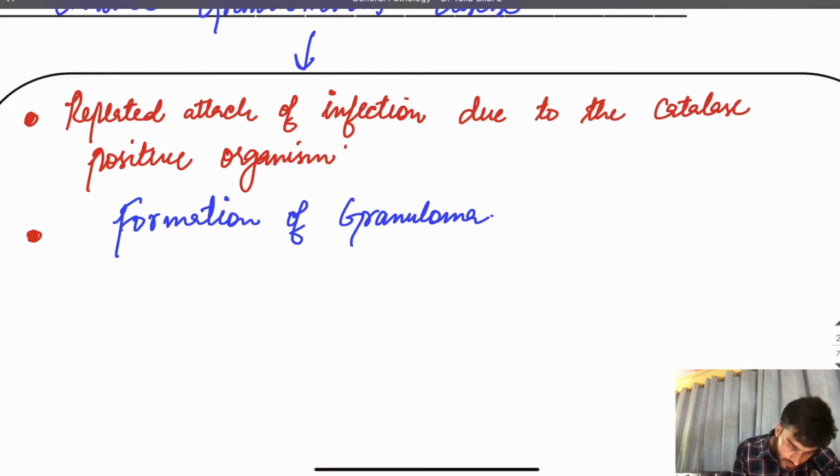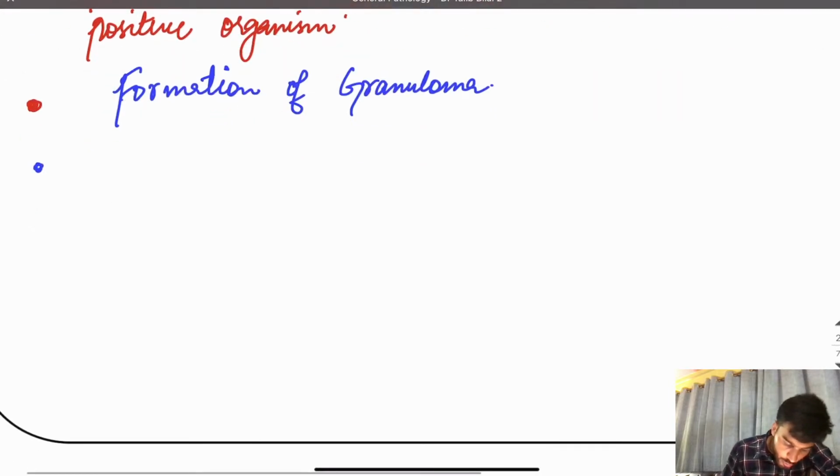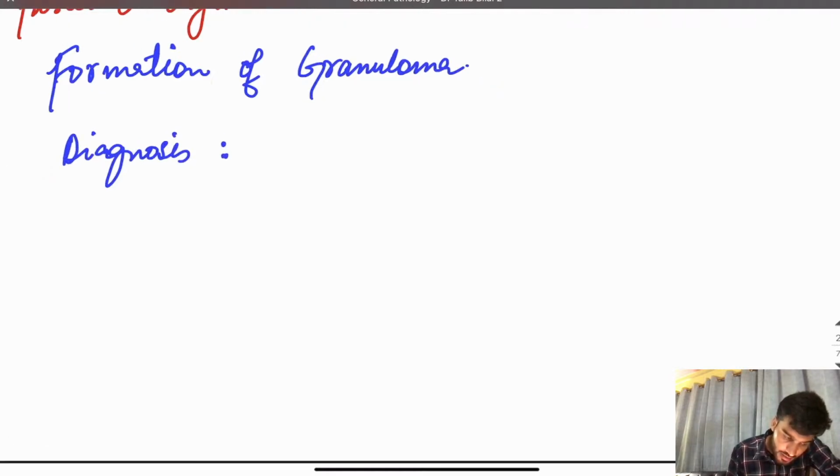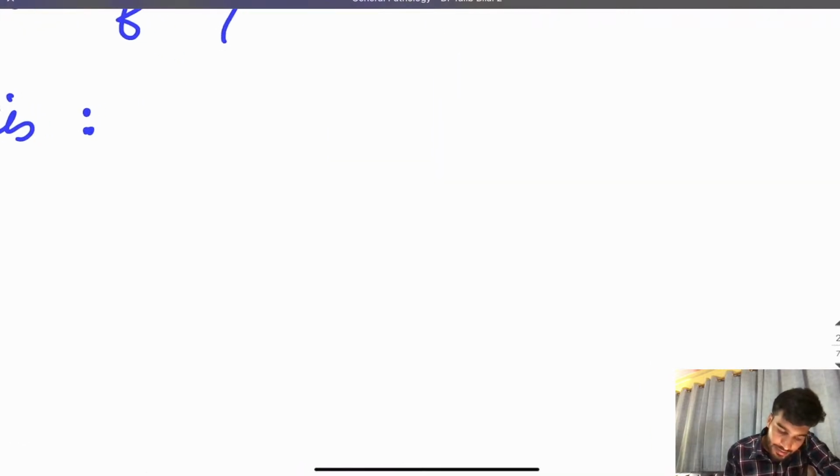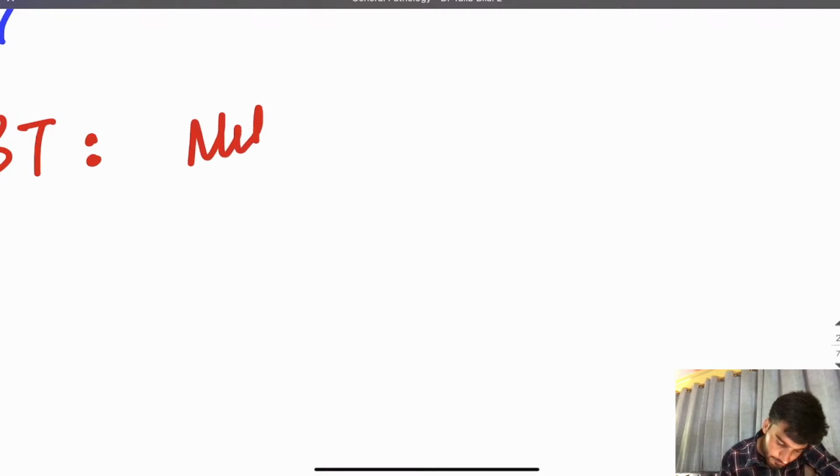The diagnosis is with the NBT test, the nitro blue tetrazolium test. Again a question, guys: diagnosis, what is the test? The NBT test, which is called the nitro blue tetrazolium test.